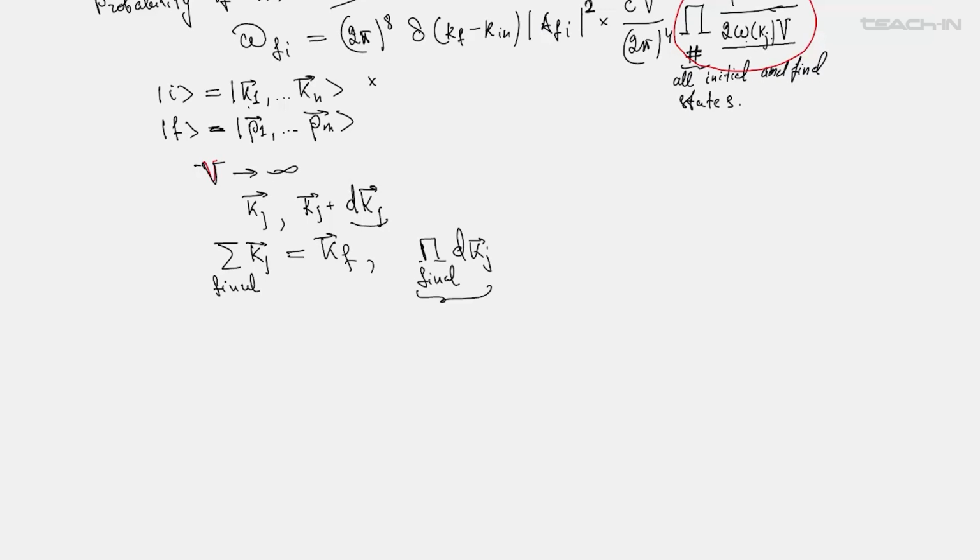And as concerns configuration space, this reduces to the volume V. And so the contribution to the measure in the phase space is a product of the measure in the momentum space, which is this dKj, multiplied by the volume factor divided by 2 pi cubed, and this is a product over all final states.